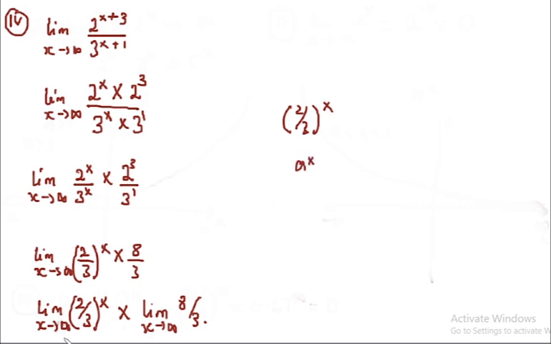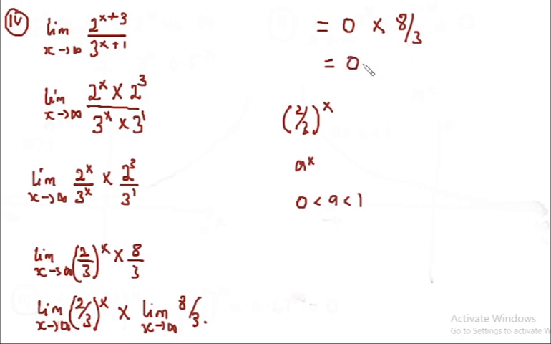So as x approaches infinity for 2 over 3, now 2 over 3 falls into a value between 0 and 1. So as x approaches positive infinity for a base between 0 and 1, the limit is 0. So that means this is equal to 0 times the limit as x approaches infinity of 8 over 3, which is still 8 over 3. So this is 0 times 8 over 3, which is 0.